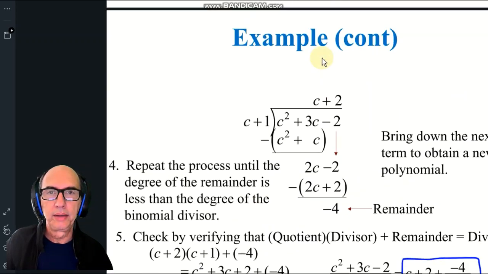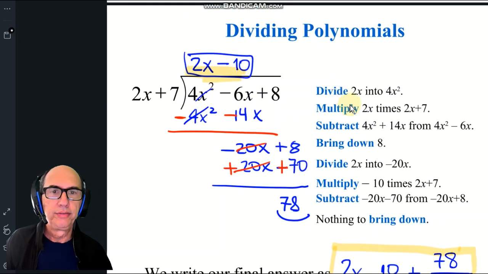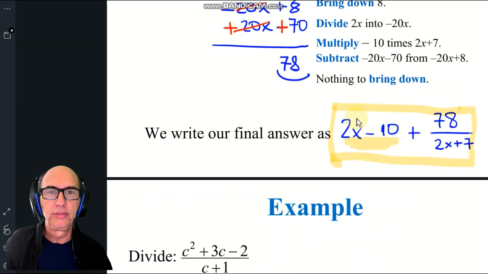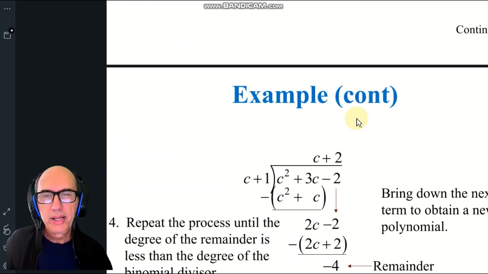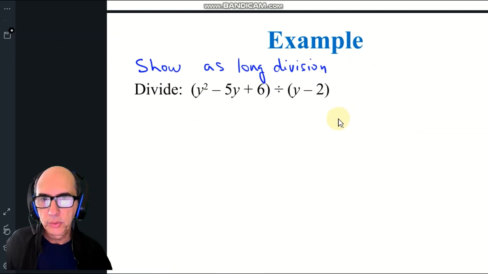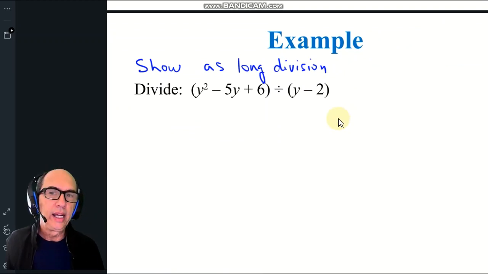All this step by step: divide, multiply, subtract, bring down, divide, multiply, subtract, bring down. But if you look carefully at this question, you can find the answer beforehand, just to compare, because we can factor y squared minus 5y plus 6.